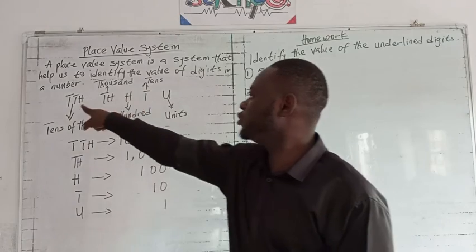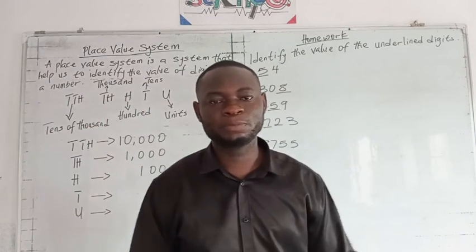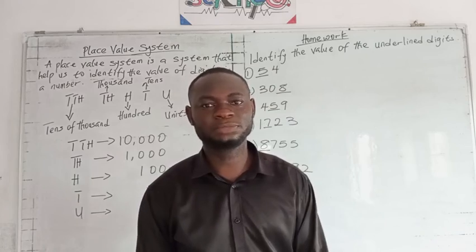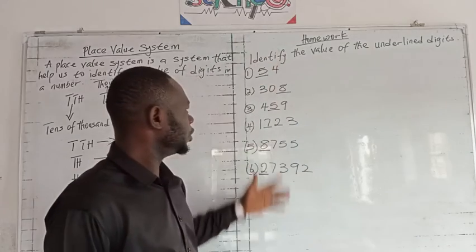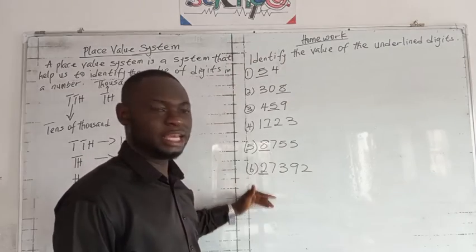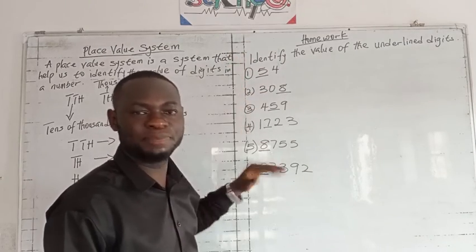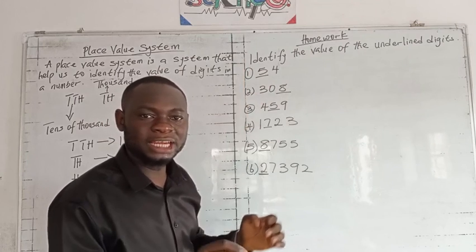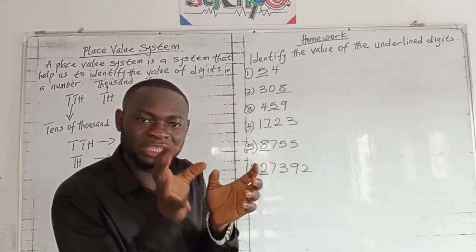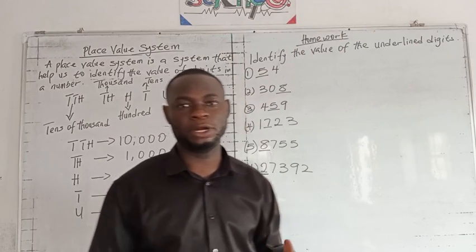And watch, I'm using capital letters all through in writing out my place value system. Alright? So remember this homework. Identify the values of the underlined digits. Like I said, first you need to arrange these numbers in place value system. Then identify the place value of the underlined digits and bring out the value of the number.